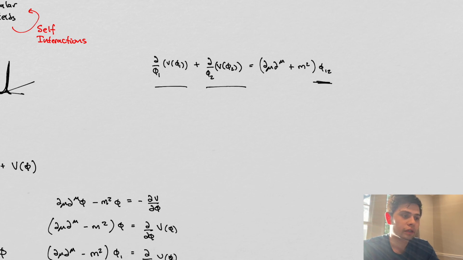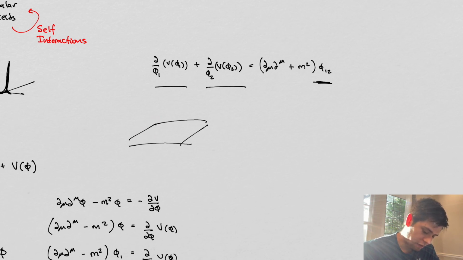So pictorially, I like to think of this like this. If you're a pictorial thinker, if you think in pictures, we have a function, we have a field, and our field has these delta functions in it. Okay. And this is dV d phi.